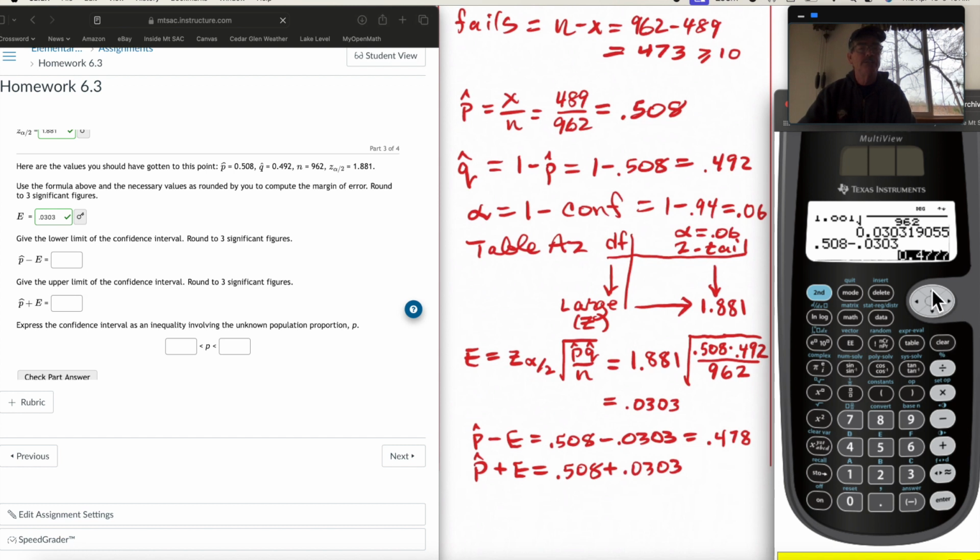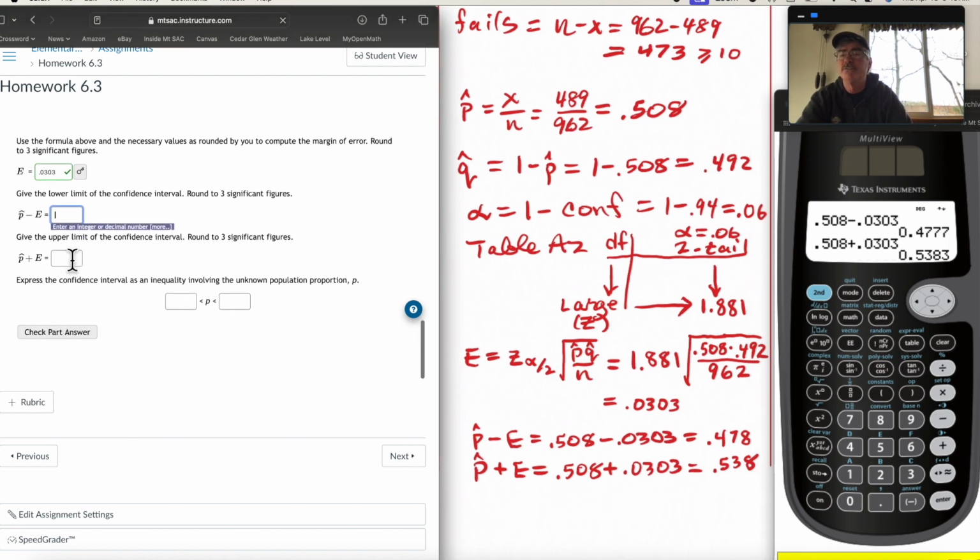I'm going to actually steal what I did before, copy paste, and change the minus to a plus. 0.538. Okay, so those are my limits, lower and upper.